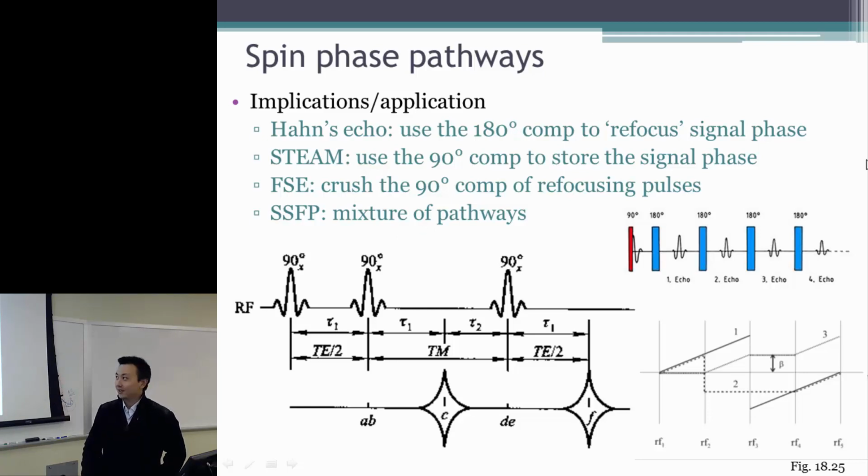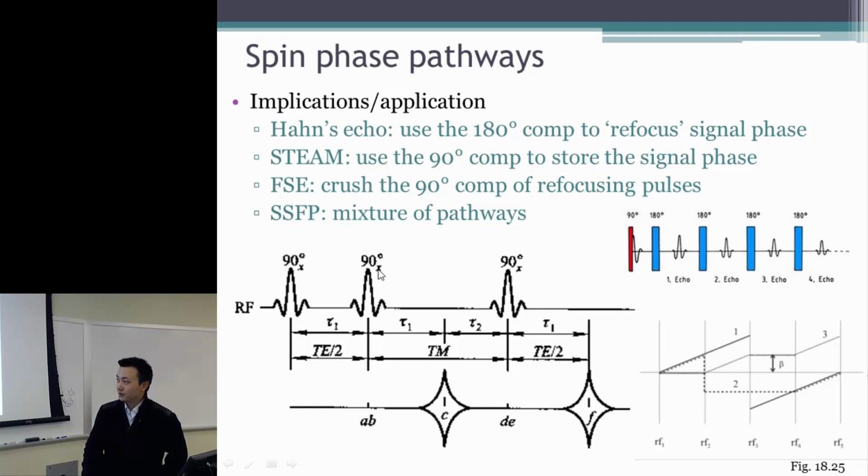All right. There is another sequence called STEAM, the stimulated echo. The stimulated echo uses the 90-degree component to store the signal phase. The magnetization is first excited by the first RF pulse and then restored to the z-axis by the second one.